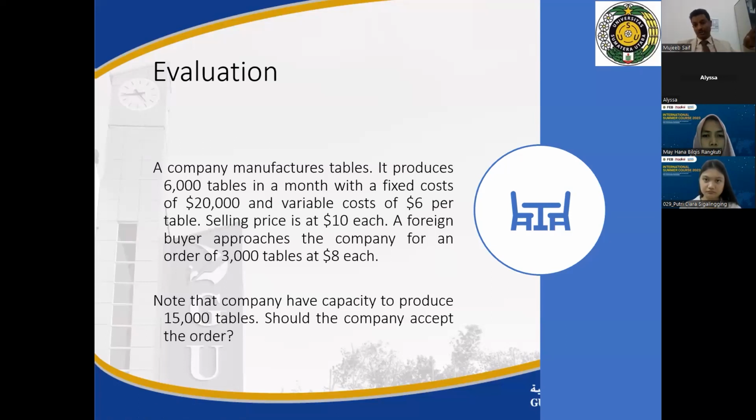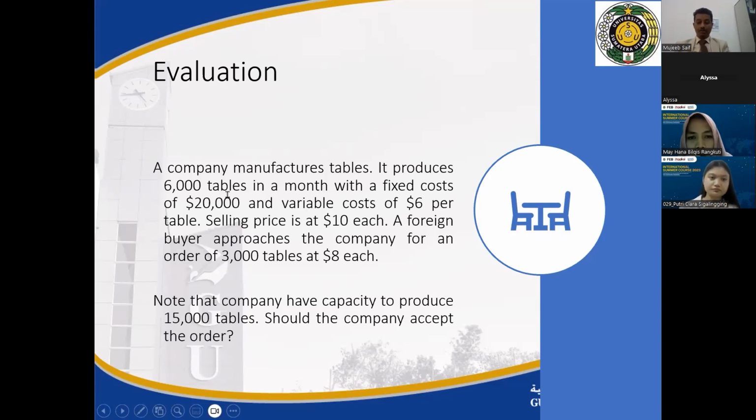This is the first issue. The second issue is that the amount he will give us, $8, is less than the total cost for each table. One table costs us $6 as a variable cost and $3.33 as a fixed cost, about $9. How can he give us only $8?